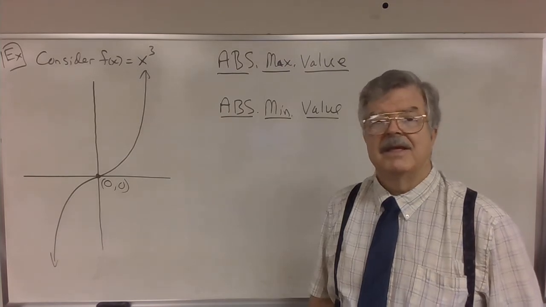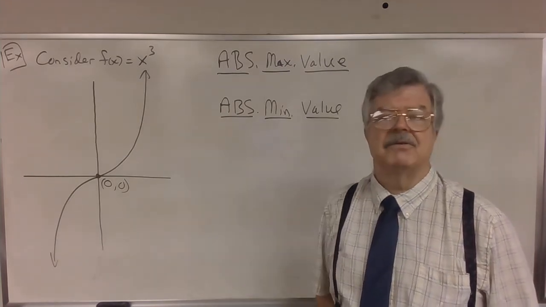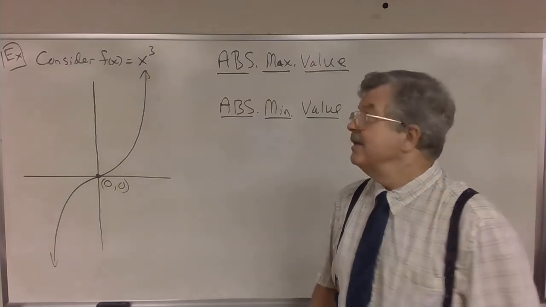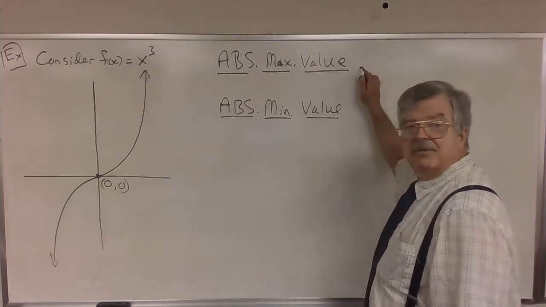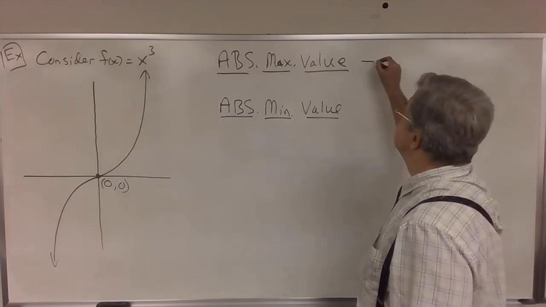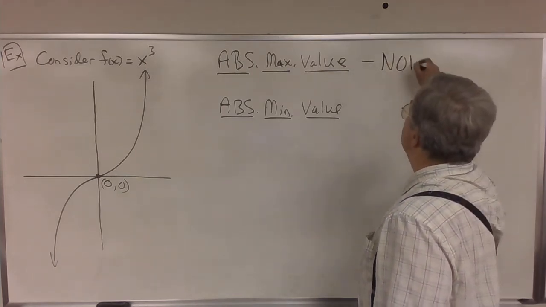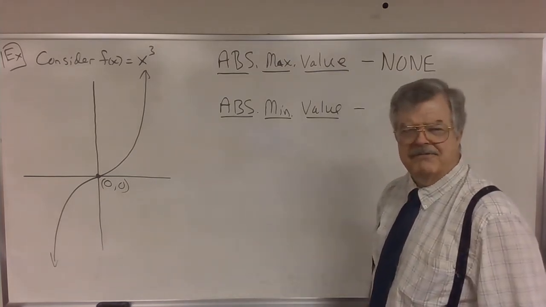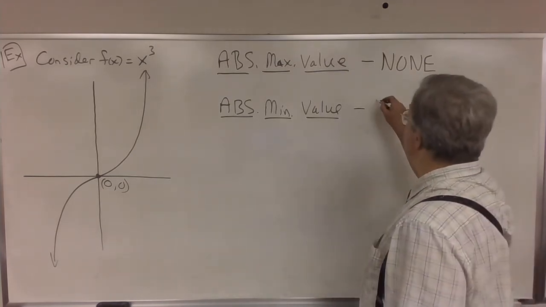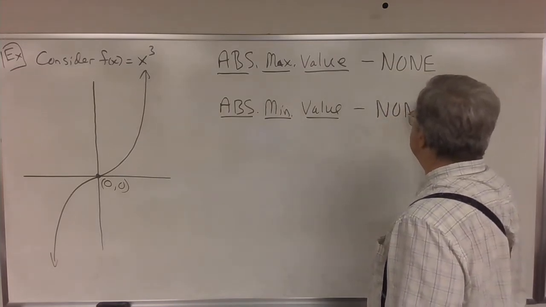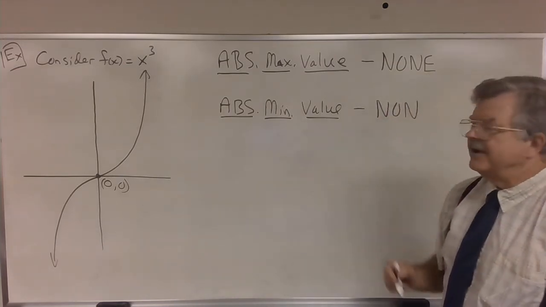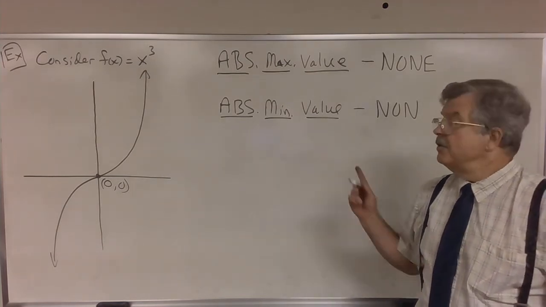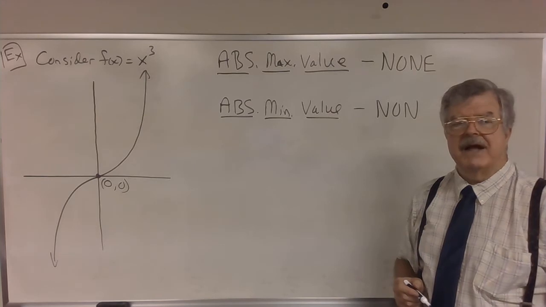No. Is there a least value that this function attains? No. So do we have an absolute maximum value? No. Do we have an absolute minimum value? No. This is a function that has neither an absolute maximum value nor an absolute minimum value.